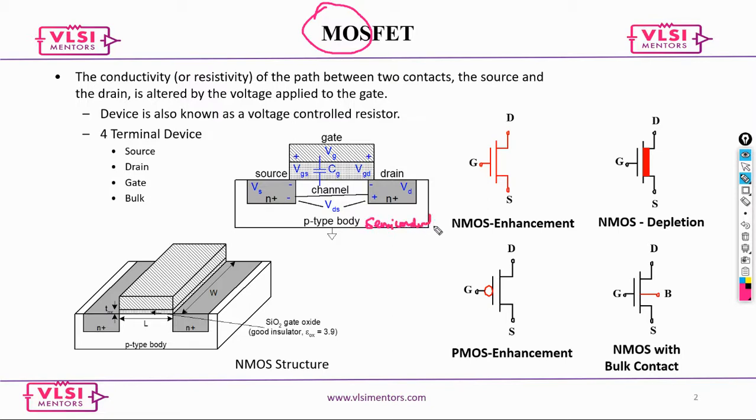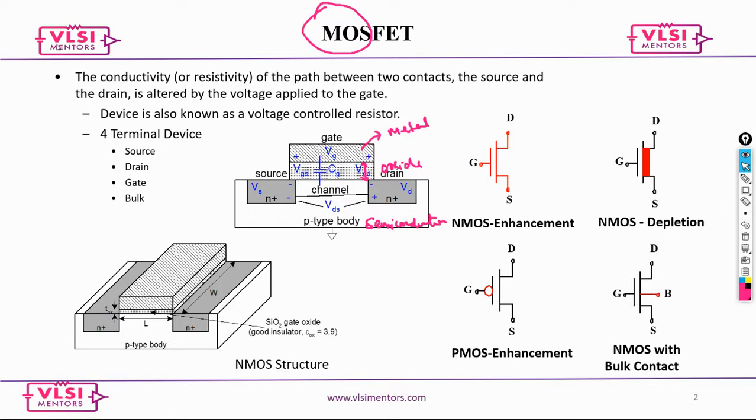This p-type body is nothing but your semiconductor, and you have this oxide, and then on top of this the gate is a kind of metal. So this is the structure. It's basically a sandwich structure. I'm sure everyone knows the meaning of sandwich.